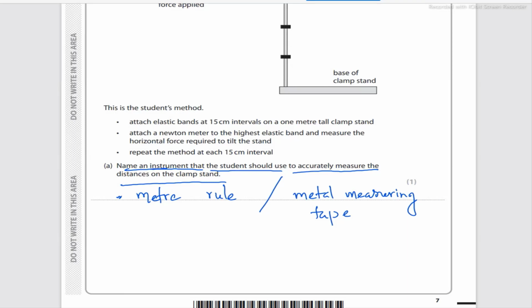So a meter rule, or a metal measuring tape. So a meter rule or ruler, or a metal measuring tape.